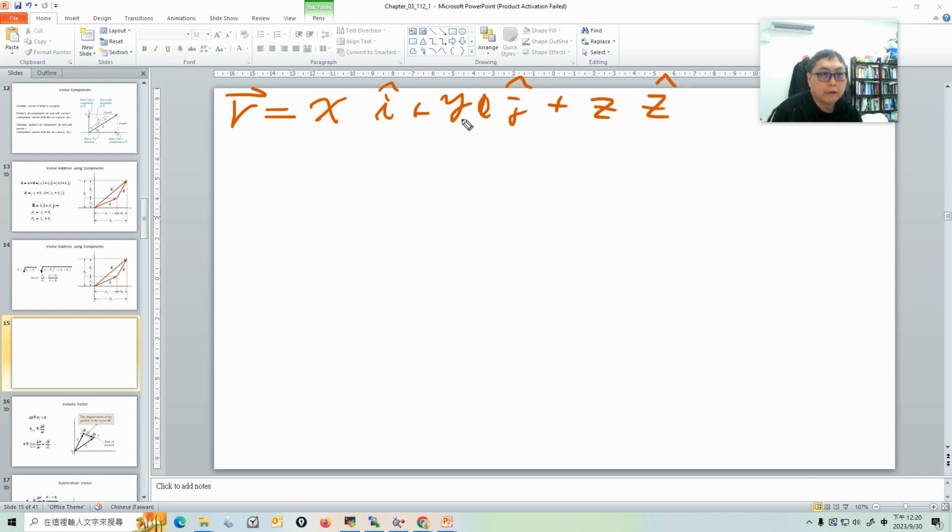And x, y, z are functions of time. It doesn't have to be a constant. It's called a trajectory. The position vector has x, y, and z components, and each component could be a function of time.